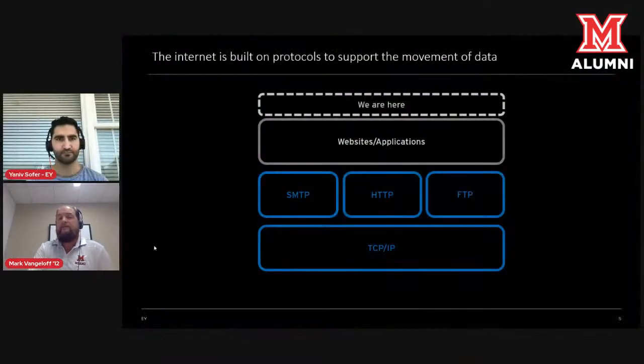As we continue lower and arrive at the TCP/IP layer, TCP stands for Transmission Control Protocol, and IP stands for Internet Protocol. This is a layer that's a much more generic set of instructions and protocols that standardizes the way in which computers initiate the connection, which enables the communications back and forth with each other.